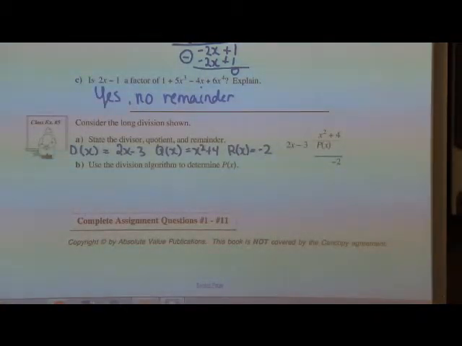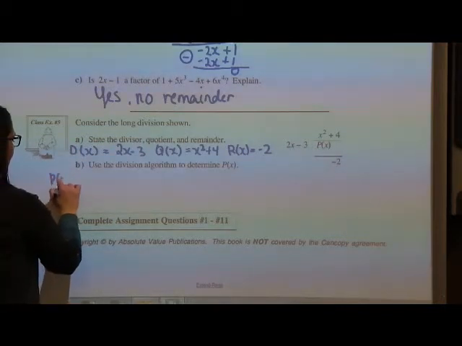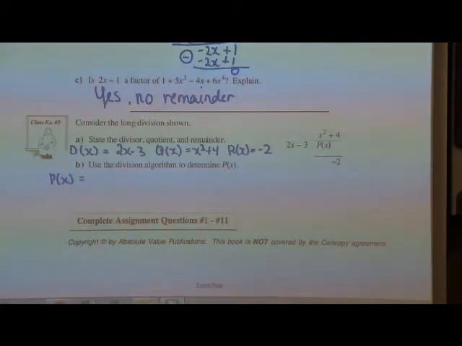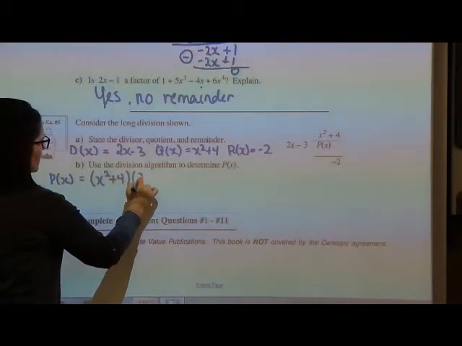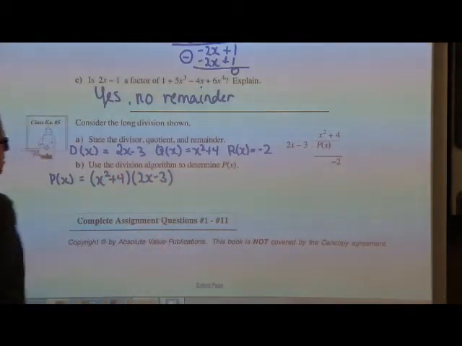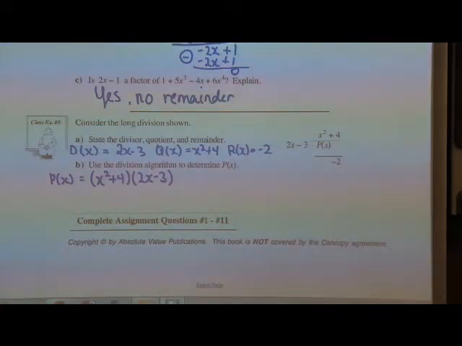How can I use these three functions to determine the polynomial? So how can I find out what p of x is? What would I do? So multiply the divisor by the quotient and then subtract the 2.